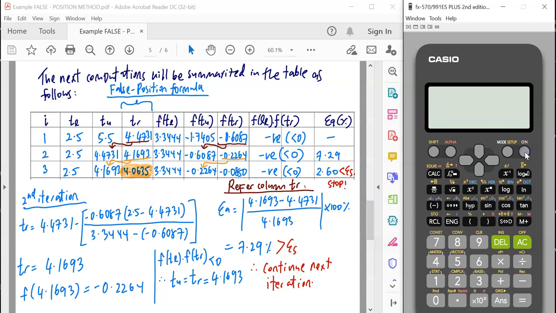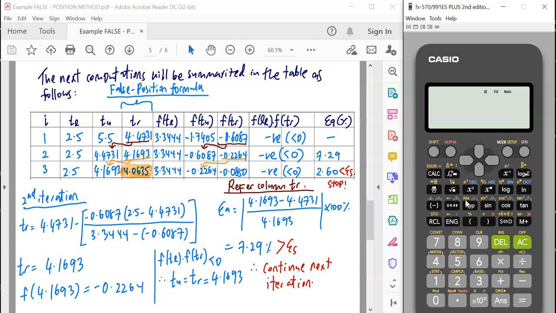Now we reset everything. So where is the absolute function in your calculator? Look here. You can see HYP. HYP is actually hyperbolic. Above HYP, we have in yellow ABS. ABS is absolute.